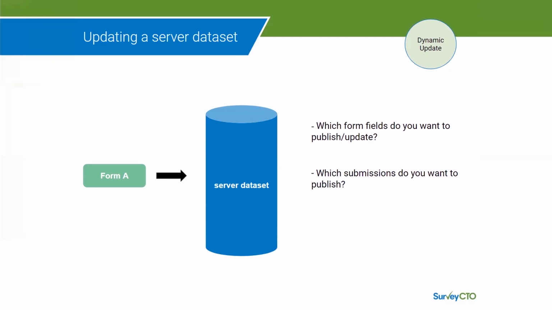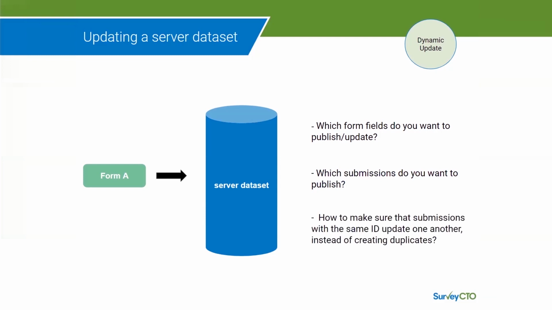And then you can tell SurveyCTO that only those that are equal to 1 should be published. Finally, how to make sure that submissions with the same ID update one another instead of creating duplicates? You can, and for some use cases, we advise you to specify the unique identifier of your study.